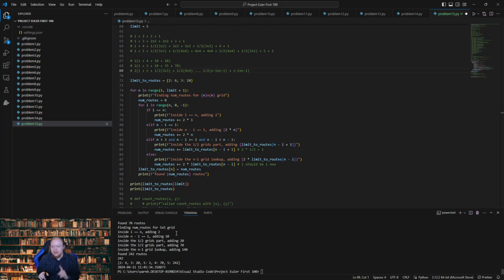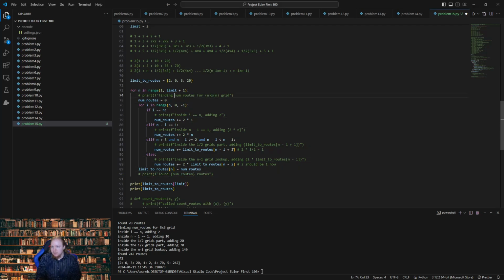But let's go ahead and throw a limit of 20 in here and just see what happens. I am going to comment out all of the print statements in here, because otherwise our output might be a little bit obnoxious.